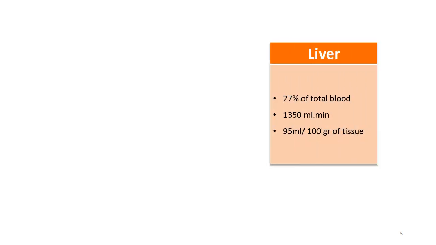Liver has 27% of total blood, and about 1,350 milliliters per minute of blood is circulating in the liver. In other words, 95 milliliters per 100 grams of liver has blood flow.